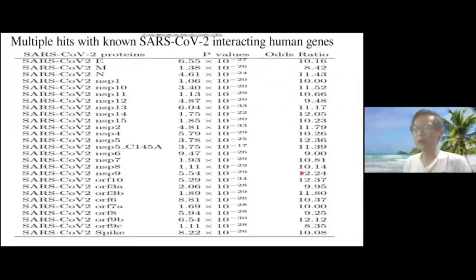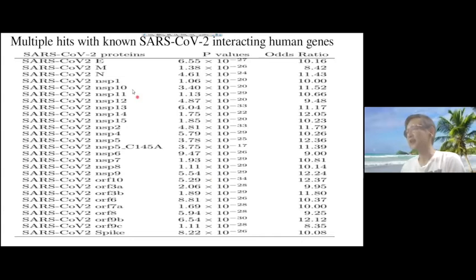Unfortunately, I don't have enough time to explain the full outcome, but I would like to introduce one outcome. We checked if the selected 163 genes overlap with the human genes which are known to interact with SARS-CoV-2 proteins. These are the SARS-CoV-2 proteins, and these are p-values computed by Fisher's exact test.